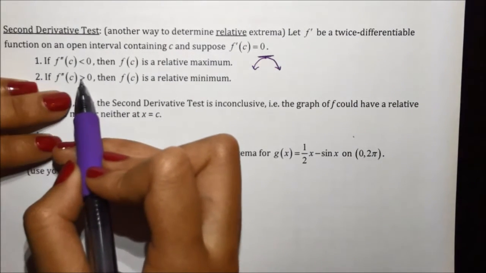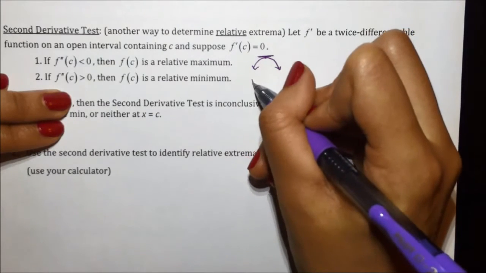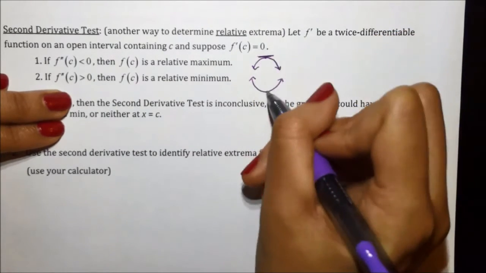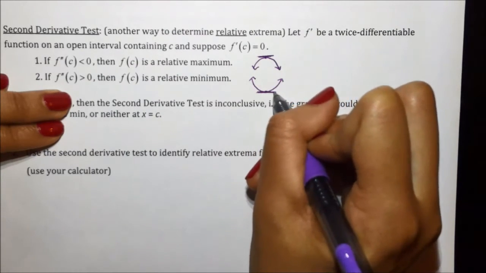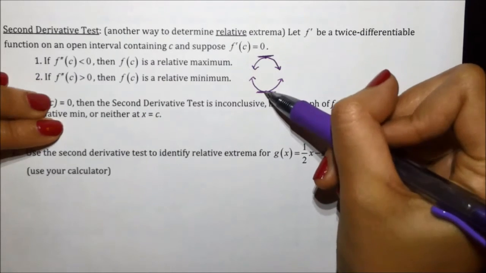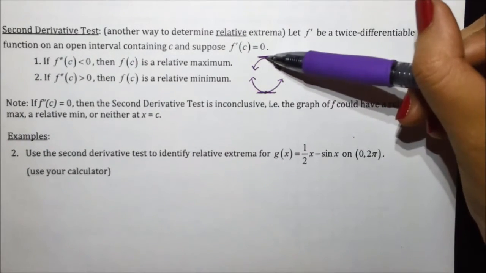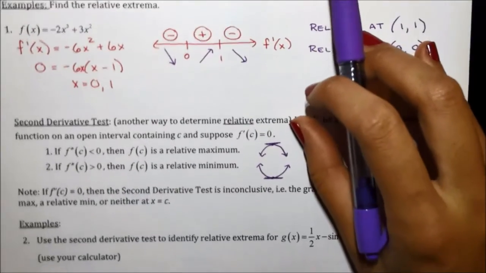If your second derivative is greater than 0, that means that it's concave up, right? So if you have a concave up function, and your first derivative equals 0, that means you have a horizontal tangent line. Well, that means that you're going to have a relative minimum, right? So sometimes you can't do this number line chart.